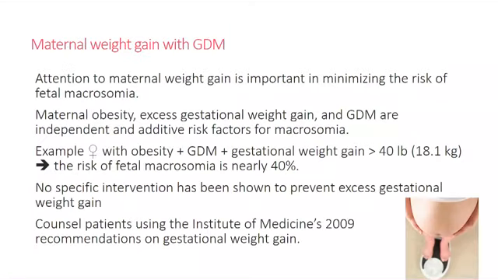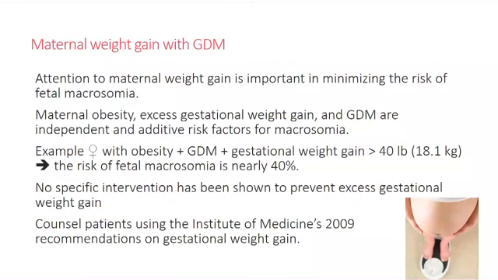Then maternal weight gain. We mentioned the ranges of maternal weight gain. But if we have a woman with obesity and GDM, and she's gaining more than 40 pounds during her pregnancy, the risk of fetal macrosomia is nearly 40%.